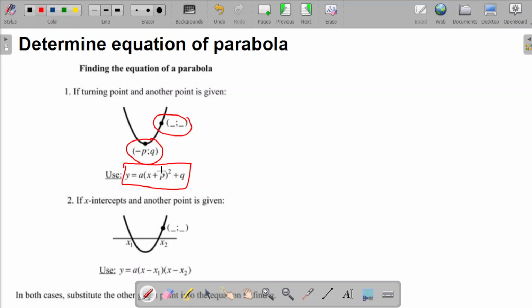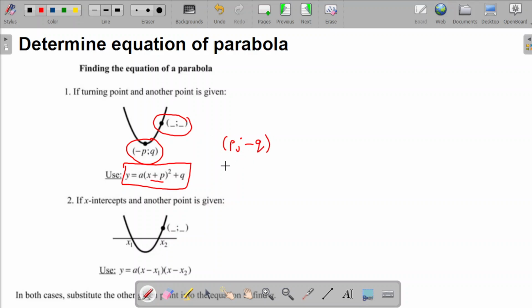Now, if the x of your turning point is negative, like negative p, you put it inside the bracket as positive. Let's say the turning point was p maps to minus q.